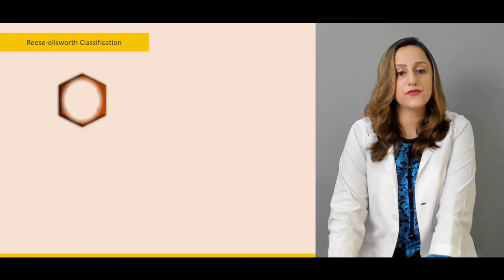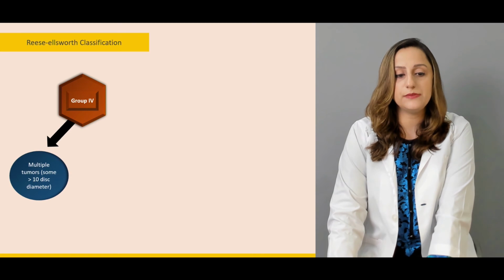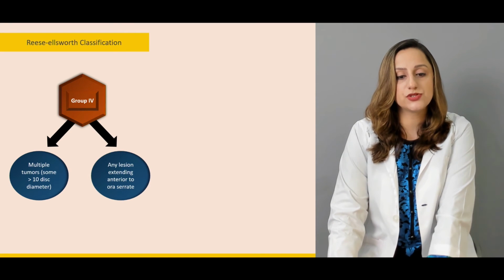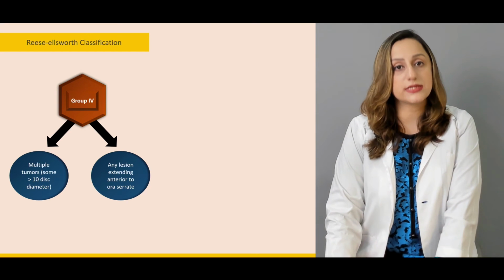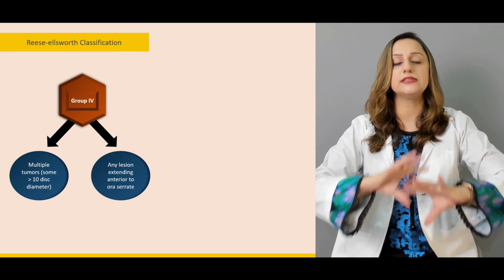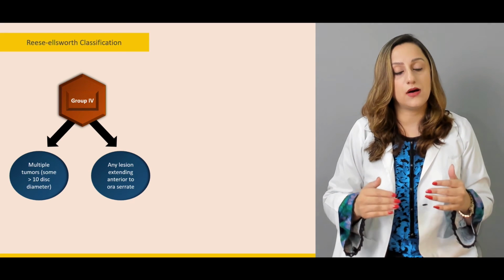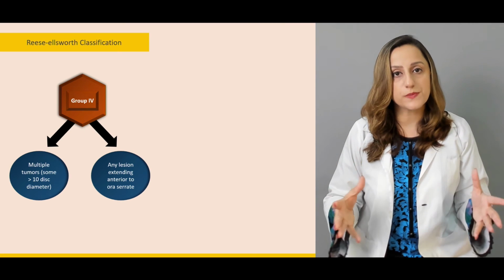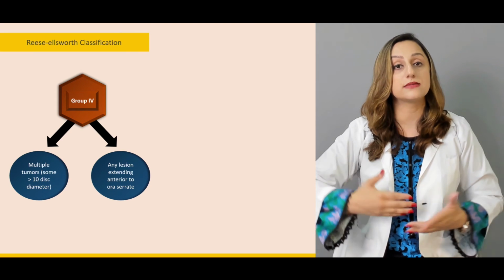And then we have group 4, which has multiple tumors, some more than 10 disc diameters, and solitary lesions extending anterior to the ora serrata. So it's involving just the margins of the retina, quite away from the optic disc, so it's not going to affect the visual acuity as much.